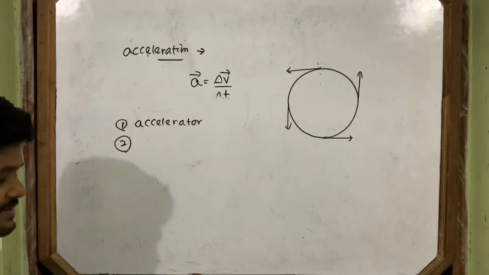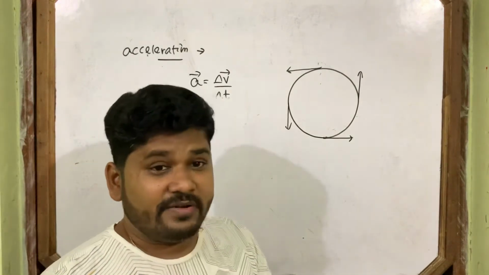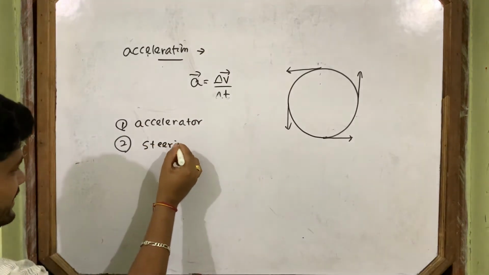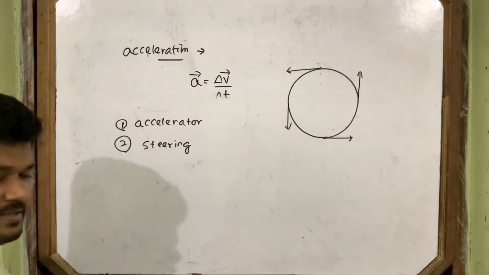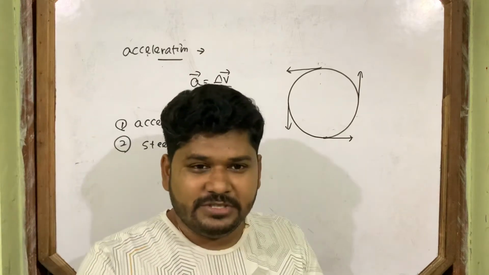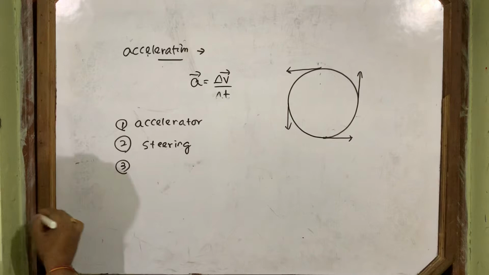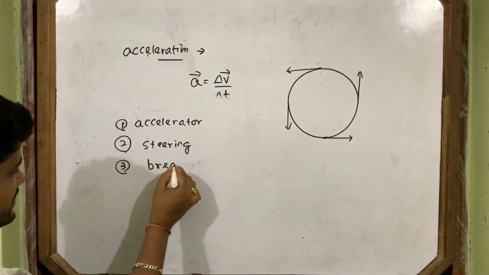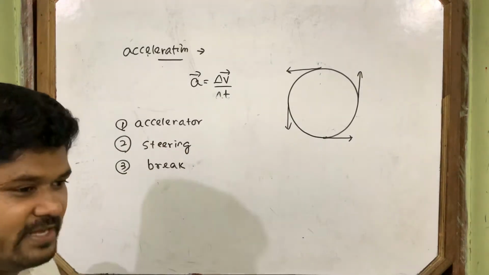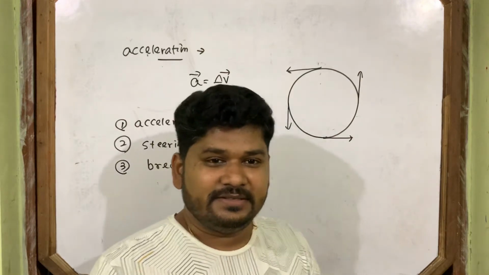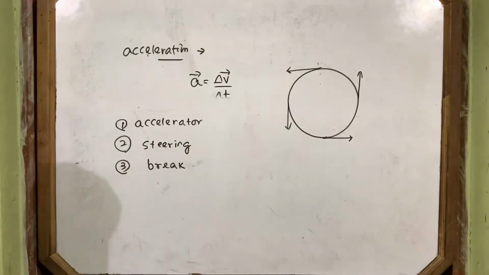The second one is steering, also one accelerator, because with the help of the steering we change the direction. Third one is brake, one accelerator, because with the help of the brake we decrease the speed. Deceleration. Brake is also one accelerator.